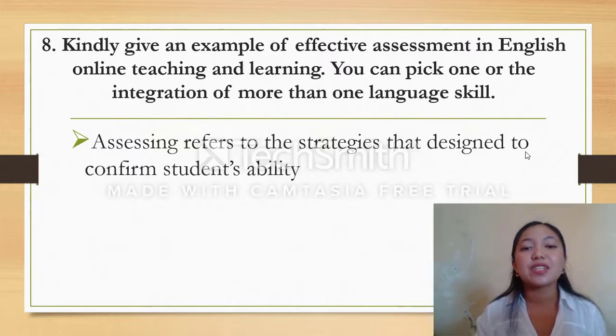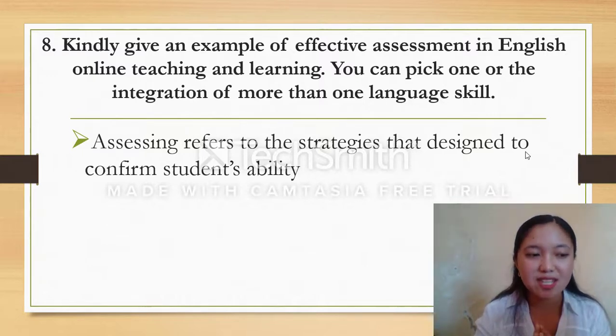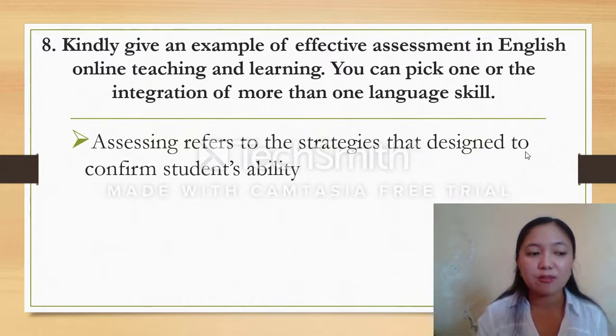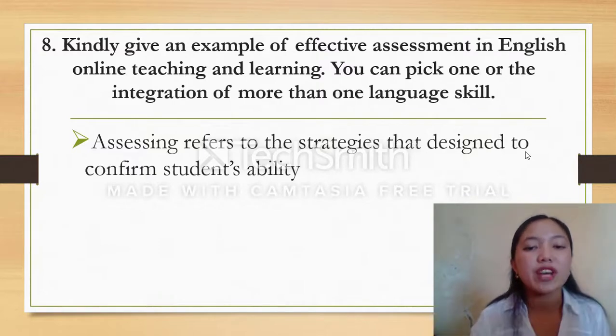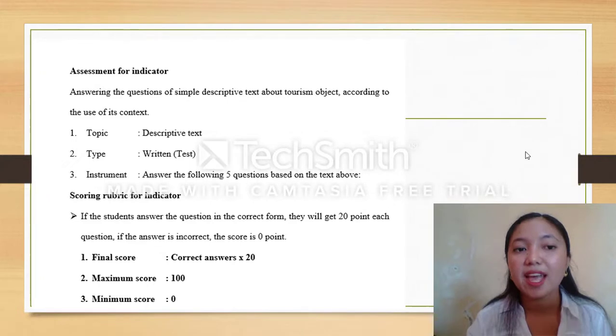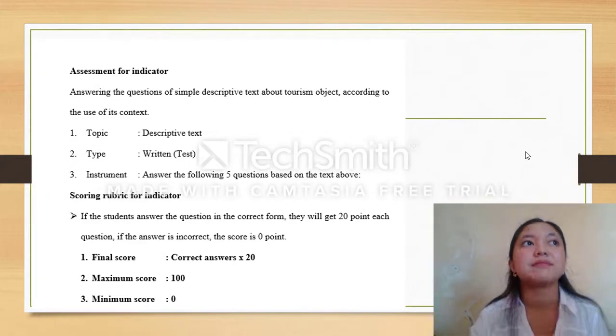Assessing refers to the strategy designed to measure students' ability, so that the teacher can know how far the students understand the material given by the teacher. Assessment also determines the extent to which students have achieved learning outcomes. For example, you can see on the PowerPoint. Here is the example.